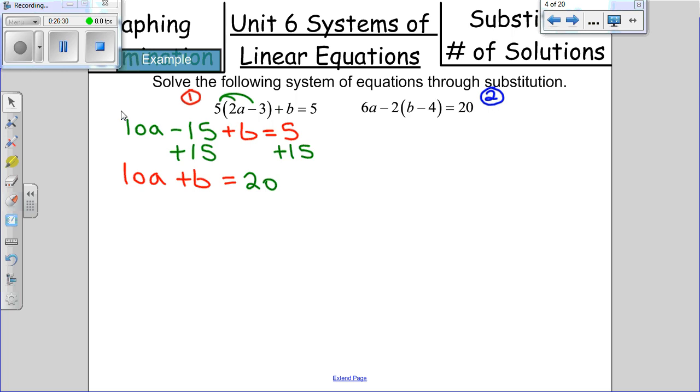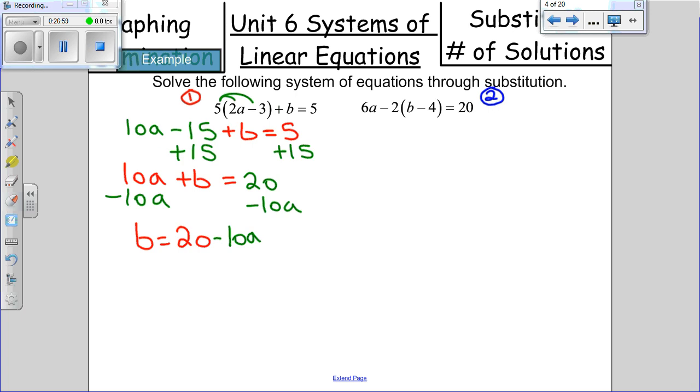The 10a, it's a positive 10a that's being added, so that means I need to subtract 10a from both sides. That leaves me with b equals 20 minus 10a. I can't combine those like terms because that one has a and the 20 doesn't. So it's okay to just write it out as a string.